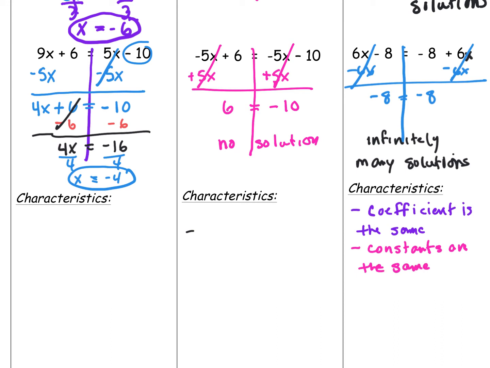So let's go over to the column that says that there's no solution. In both of the equations we looked at, the coefficients in front of the variable, in this case x, are the same.